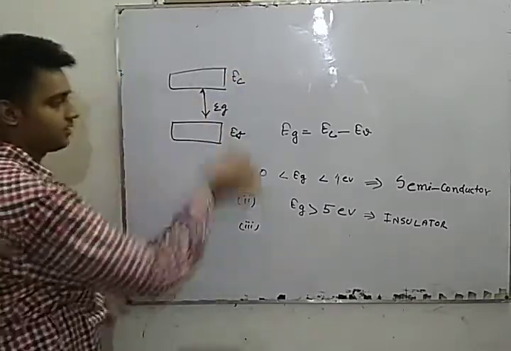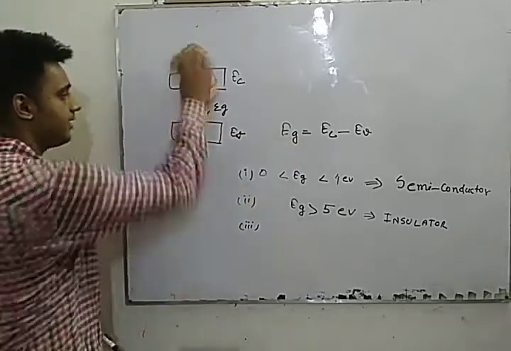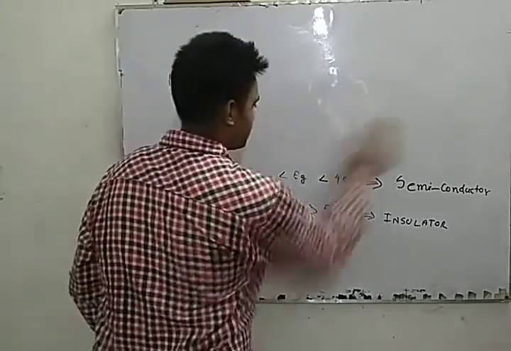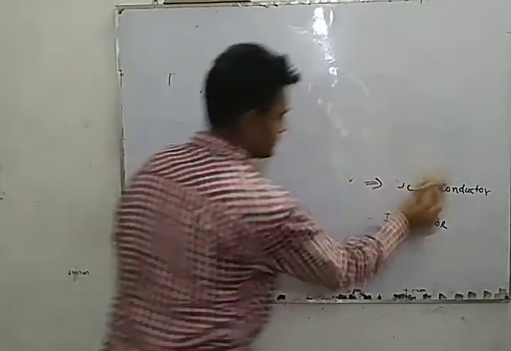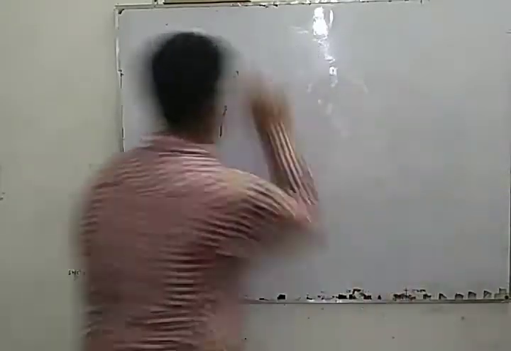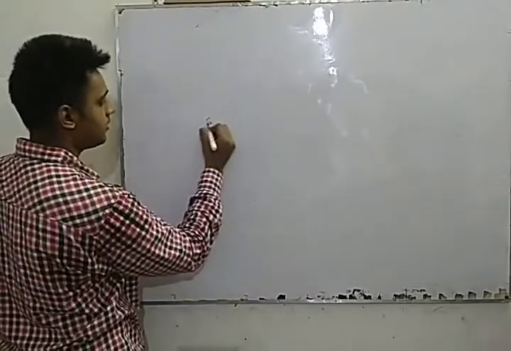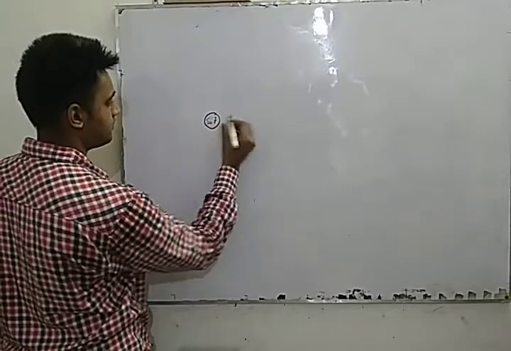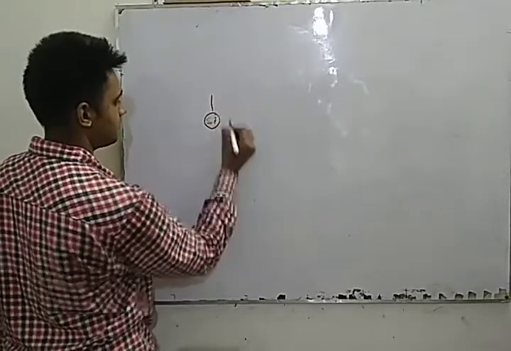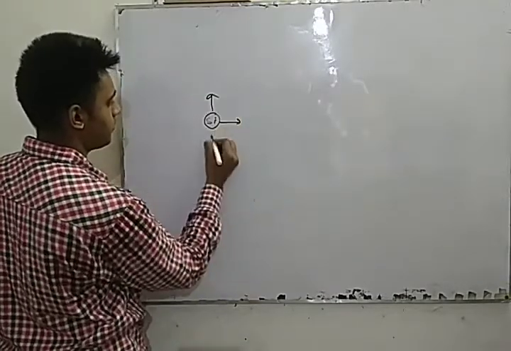So that's all about the energy values. Now we will see the N type and P type semiconductors that we studied in 12th standard. Silicon has 4 valency.